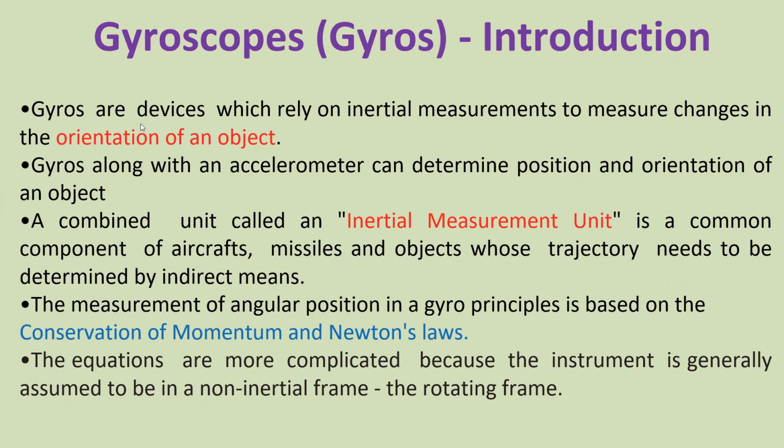And with the gyroscope attached, it can measure the orientation also. So orientation plus position, velocity and acceleration: everything is combined to form a unit called an inertial measurement unit. This unit, that means accelerometer plus gyroscope, is used in applications such as this.